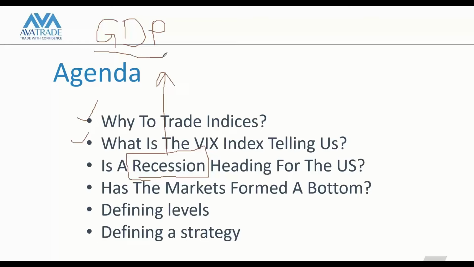But now the definition has become more complex. It means unemployment also has to be up, consumer spending has to be down, and consumer confidence has to be down. So they've changed the definition of a recession, they've just moved the goalposts. Is the US economy really in recession currently? While the GDP growth, meaning the growth of the country, isn't really there.